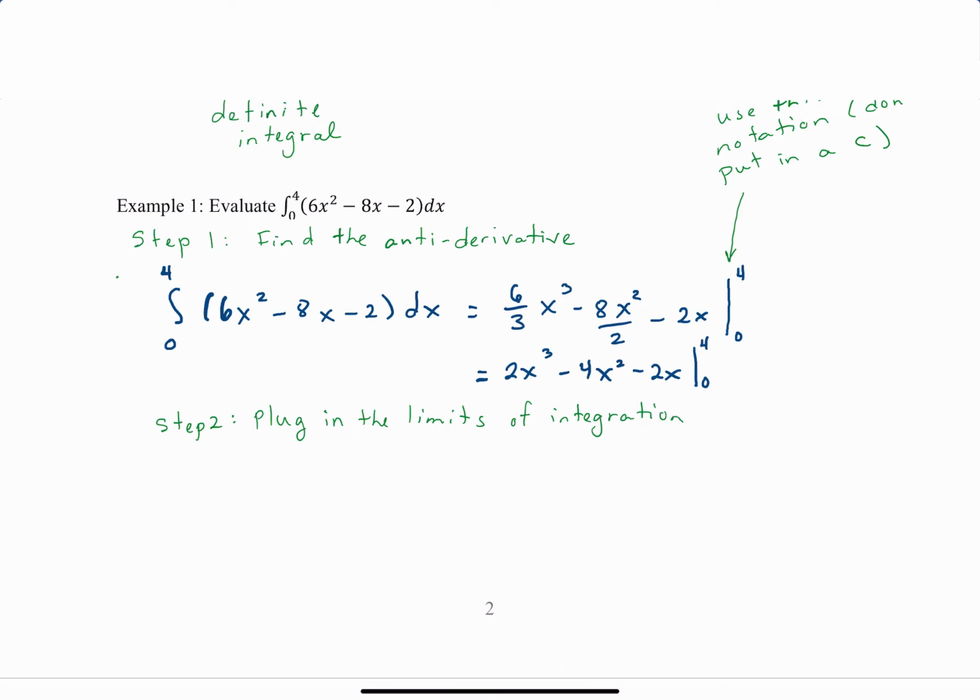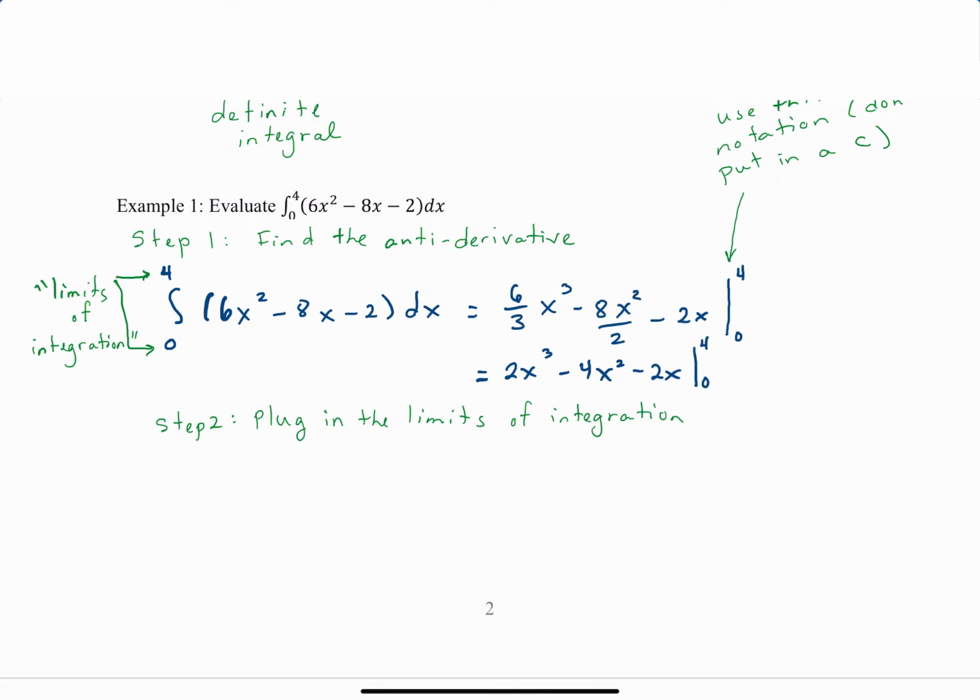These numbers that are on the integral, those are called the limits of integration. I don't like that terminology. I think it's confusing because these aren't limits, they're just numbers we're plugging in. But no one asked me what we should call those things, so we're stuck with the standard terminology.